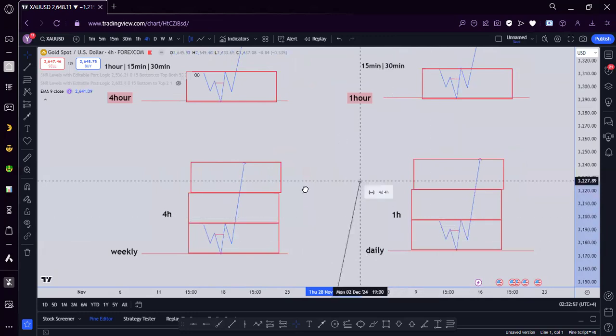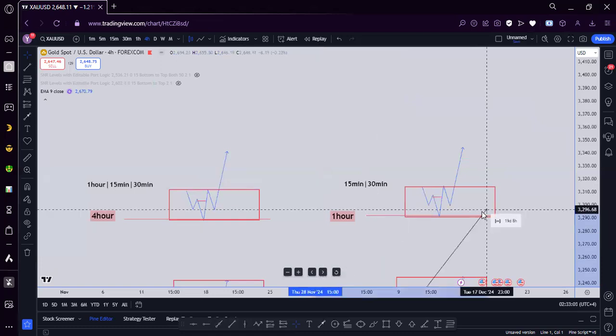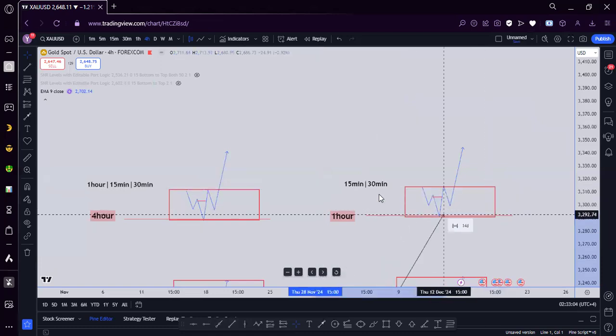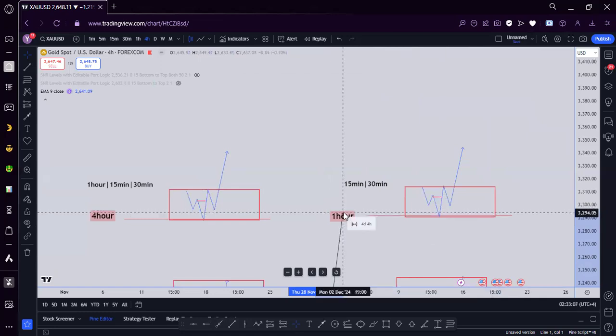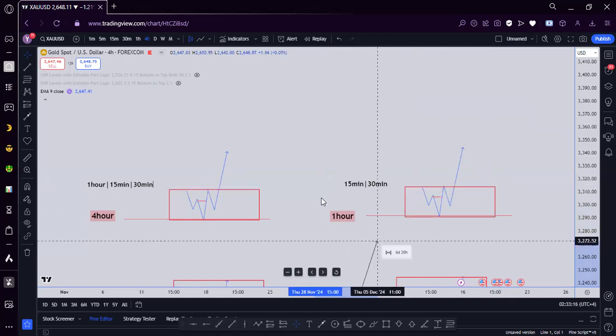Very simple. So the setups that we will take from the 1-hour mini classic storyline are based on what? Based on the 15-minute levels or the 30-minute levels. This is the difference.